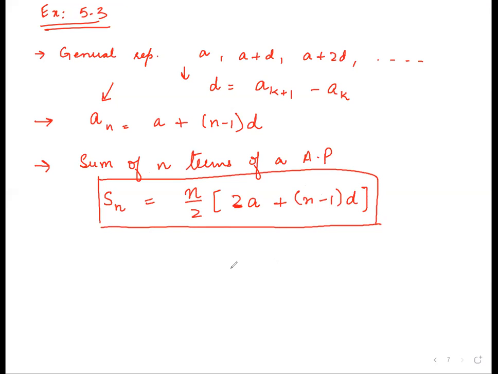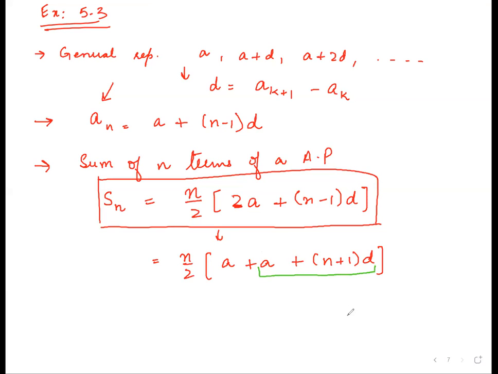Yes, Hamna, that's the formula for finding the sum of n terms of an AP. Now this formula can be represented in different ways. See, the formula is the same. You don't have to remember 4 or 5 formulas. Just remember only this one, and you can give it different forms. Like how? If I write it like this, n by 2, and I break this 2a, I can write a plus a. No problem? Now look at this part.